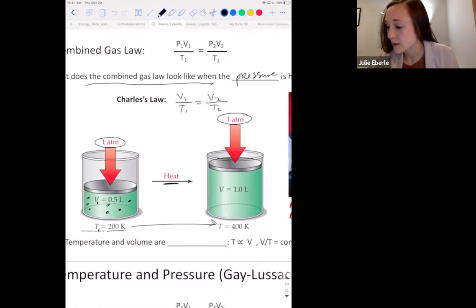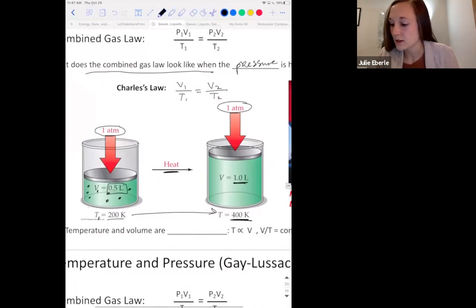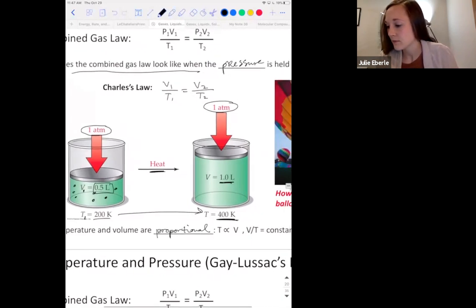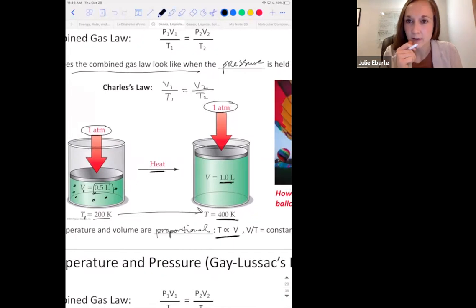If temperature doubled to 400 K, volume would double from 0.5 liter over here to 1 liter on the other side. So as you increase temperature at constant pressure, you increase volume. So temperature and volume are directly proportional, not inversely proportional. And that is why you see T squiggle V, not 1 over V.